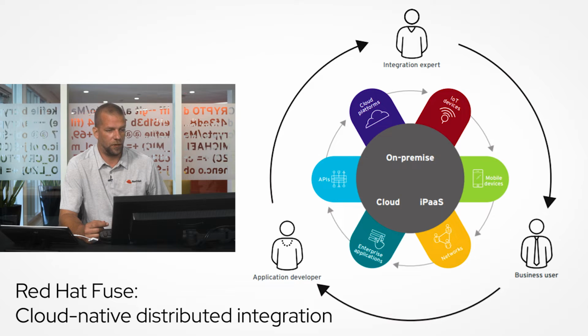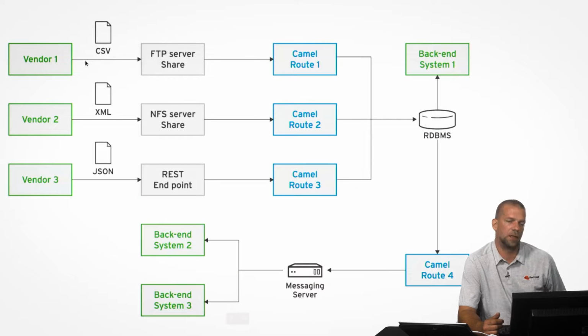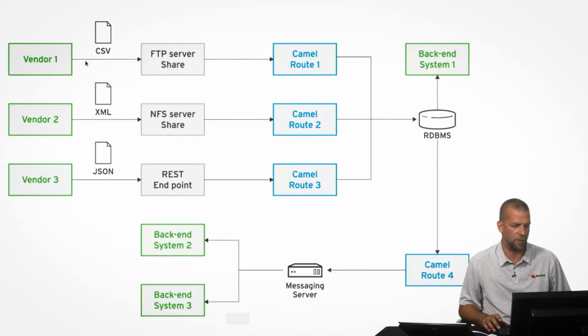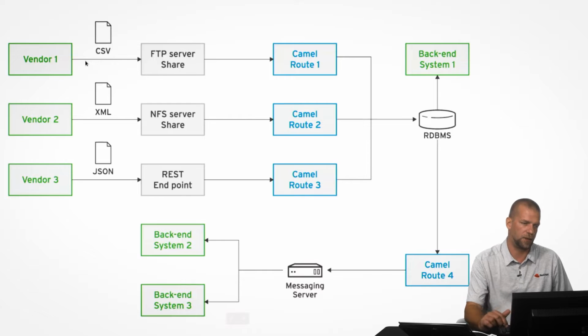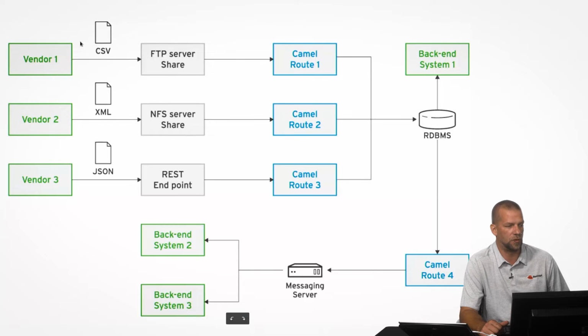At the bottom of it all, the driving horse for Red Hat Fuse though is Apache Camel. Apache Camel is an implementation of what we call enterprise integration patterns, whereby it's actually fairly easy to consume information from several different sources, exposed to your application through various technologies such as FTP, NFS, REST, database, and so on.